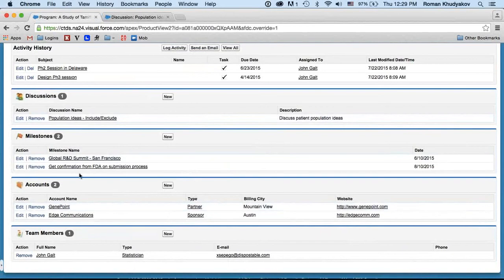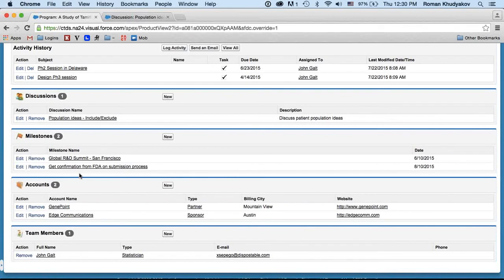So milestones are important key deadlines or dates that you have to be aware of while you are designing a study. Either it's a global internal meeting or a deadline for submission for approval for this year to FDA, or whatever you want to track. You can set those milestones in the system, and they will be visible on the timeline.